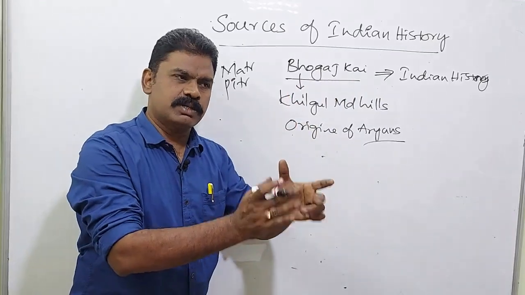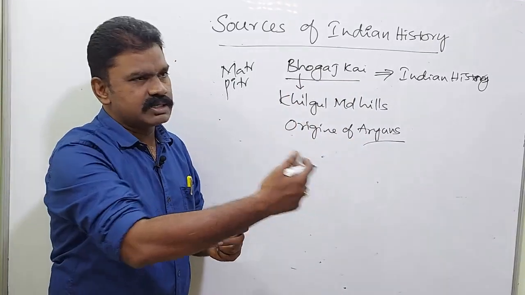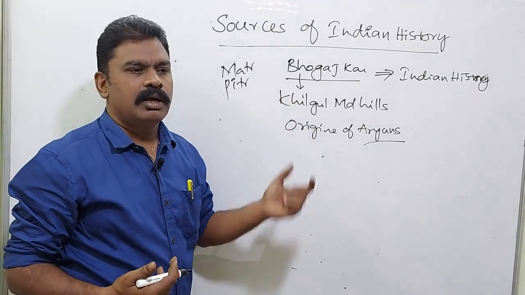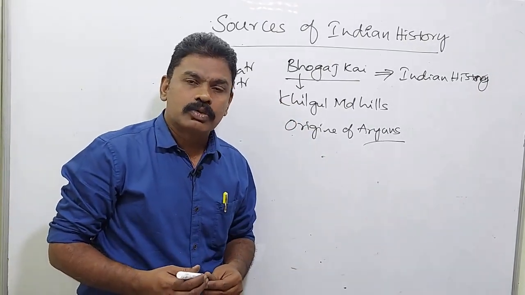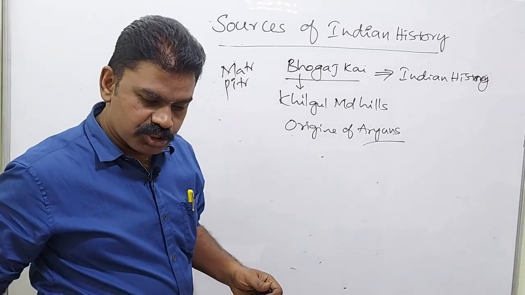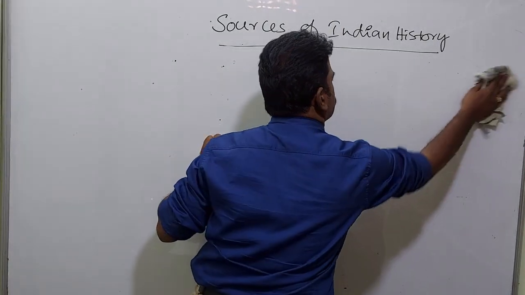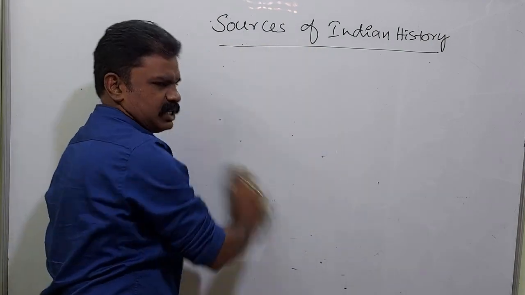So the Bogaska inscription is related to the Aryans, who came to India from Central Asia. This is important for knowing the origin of the Aryans. This was the first and foremost inscription that speaks about Indian history.